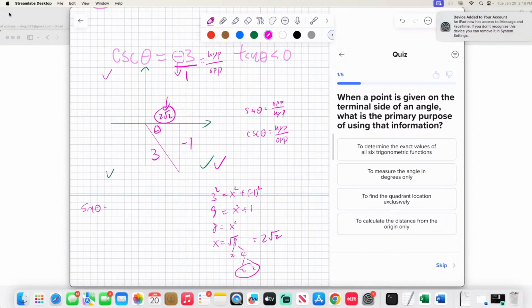What is sine theta? -1 over 3, right? And the cosine theta is what? 2 root 2 over 3. Is that okay? And the tangent theta is what? -1 over 2 root 2, right? Which is negative root 2 over 4.